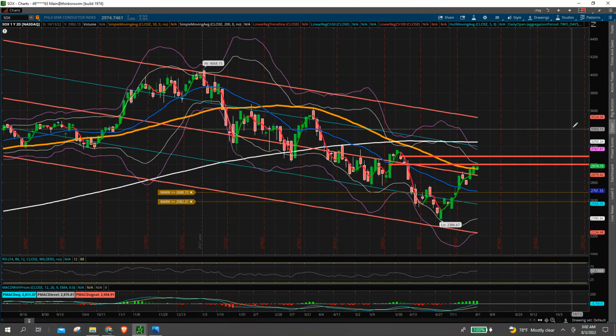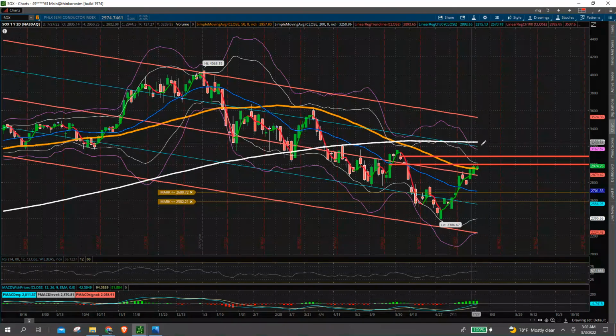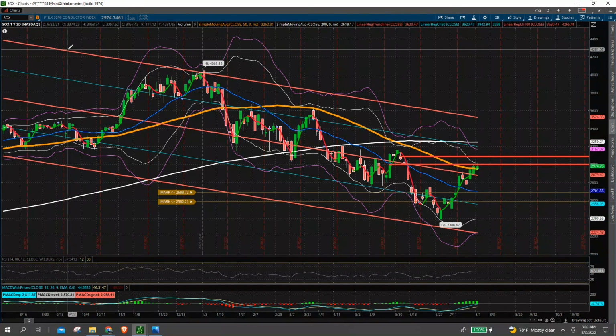If we look at the 2 day, again we have the 3250. So it seems as if this 3250, 3300 area could definitely be a very solid target for SOX, the semiconductor index.